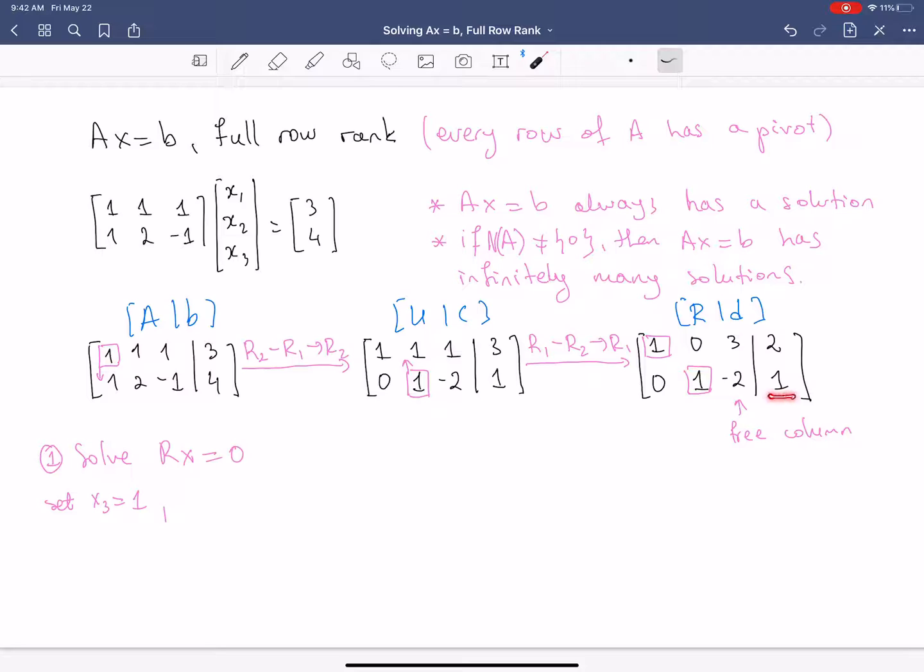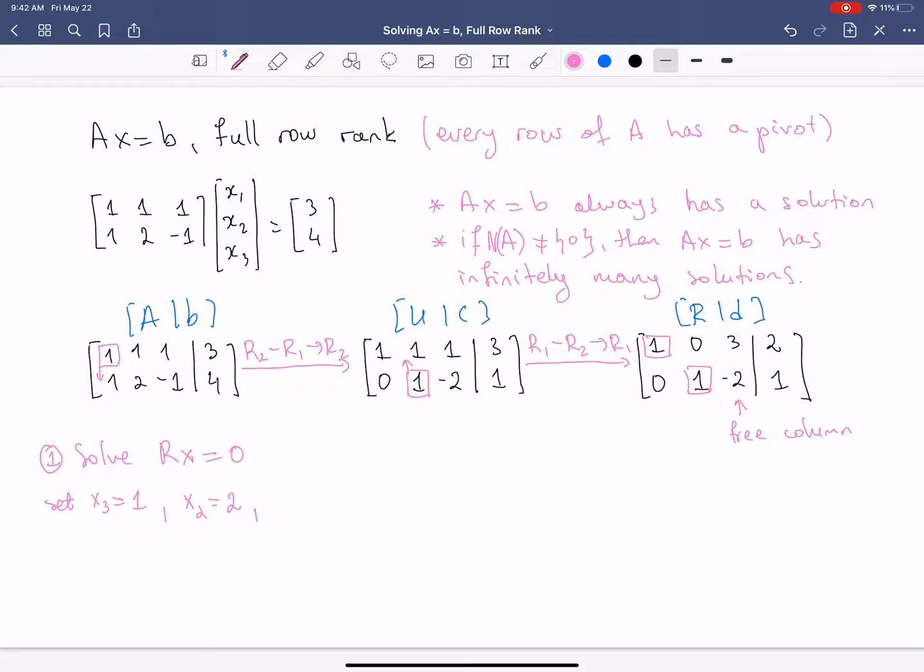Remember, we don't worry about the values in D because we're solving the system Rx equals 0. So we have x2 minus 2x3, so x3 being 1, this really means x2 minus 2 must be 0. Well, that means that x2 must be 2. 2 minus 2 gives us 0.